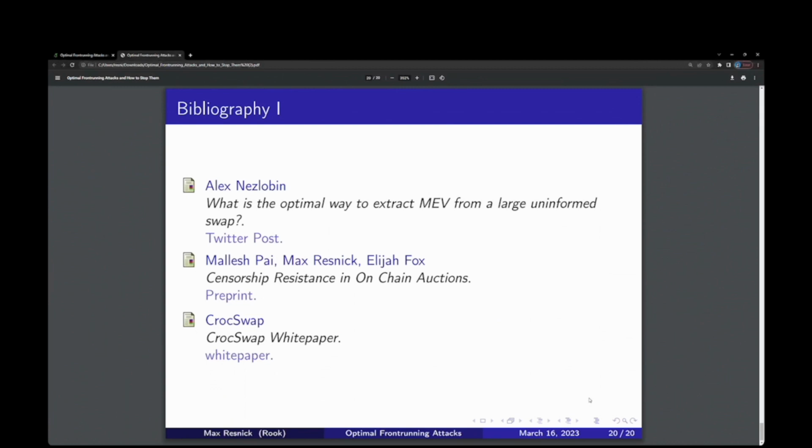The CrocSwap white paper talks a little bit about how they stop just-in-time attacks completely, and then definitely censorship resistance and on-chain auctions. I just put that there because I want everybody to check it out and understand that what we're talking about in terms of MEV is really about censorship, not just ordering. Even though we've talked about a lot of ordering today, censorship is also really important as well. So with that, I'm happy to take any questions.